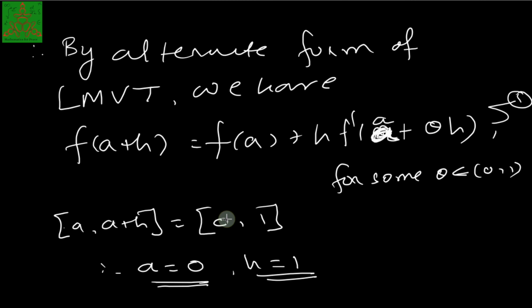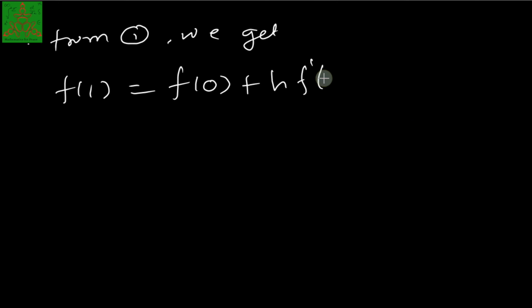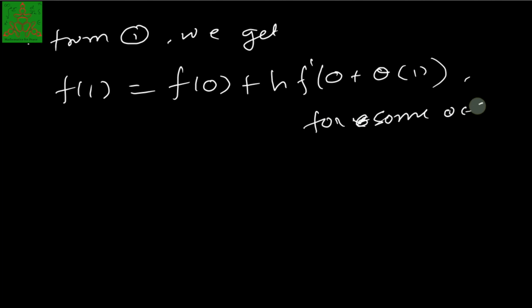The value of a is 0, so it is 0 plus theta h. h is 1, so it is 0 plus theta into 1, for some theta between 0 and 1. Now what is the function f of x given to us? It is e power x. So f of 1 is e power 1, which gives you e.